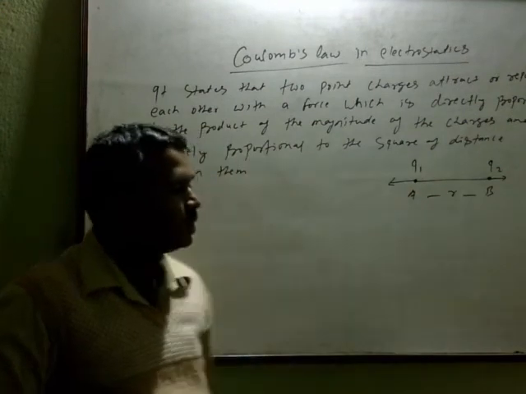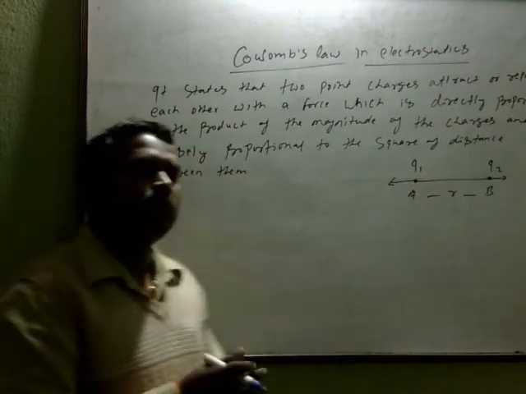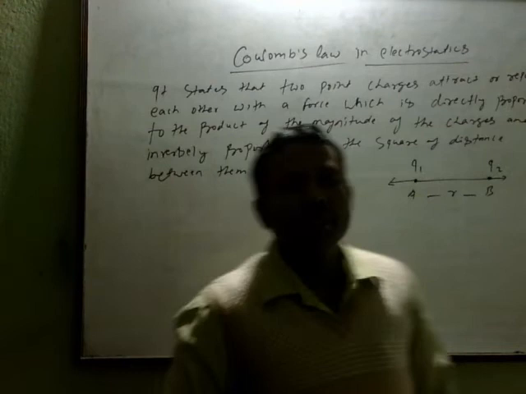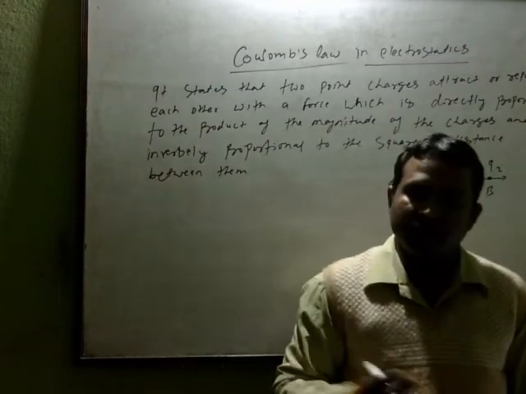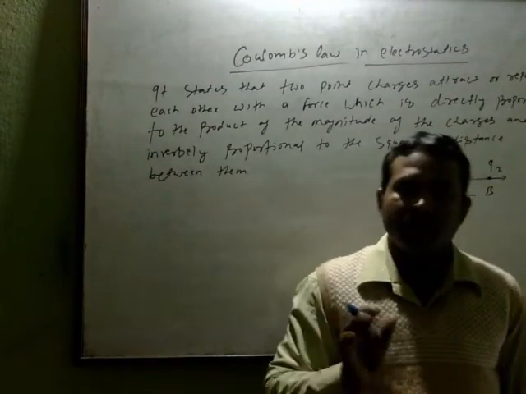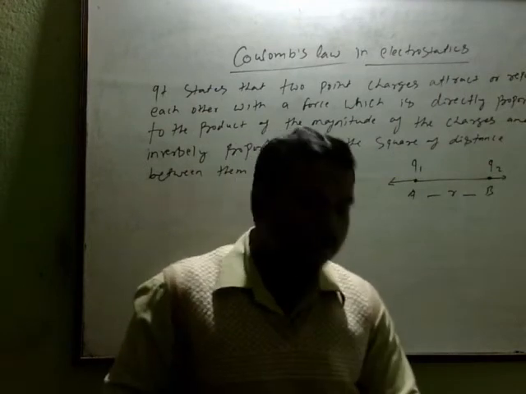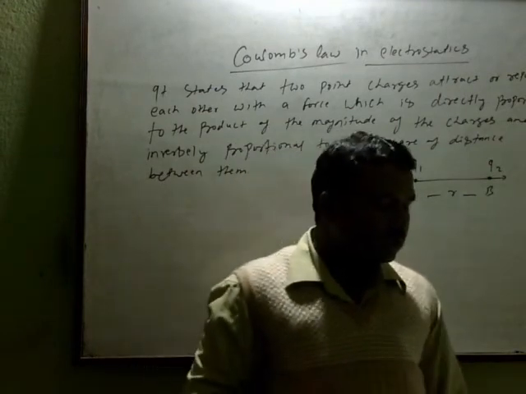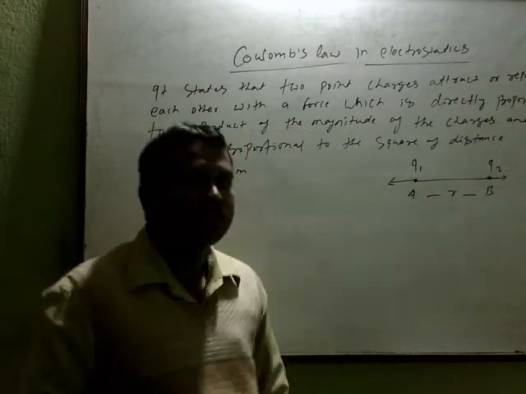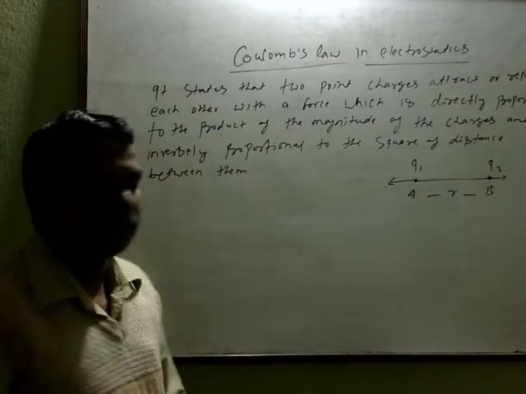Okay, very good. So assume that these two charges are placed in a vacuum. Yes, it may be in different mediums, but I have taken vacuum or air medium. So according to this statement, what can we write here?